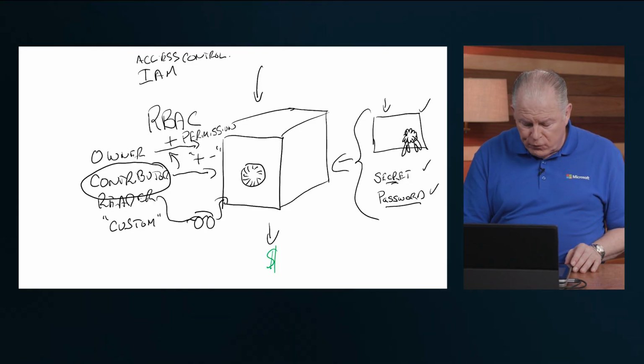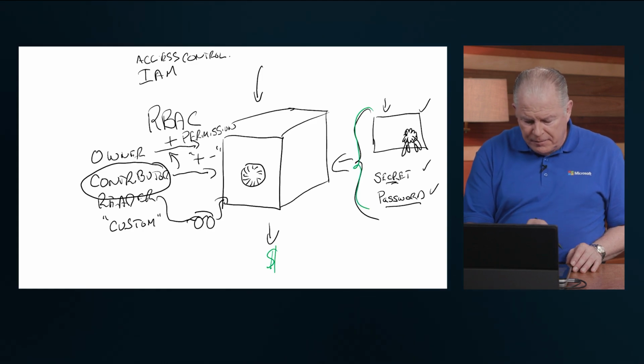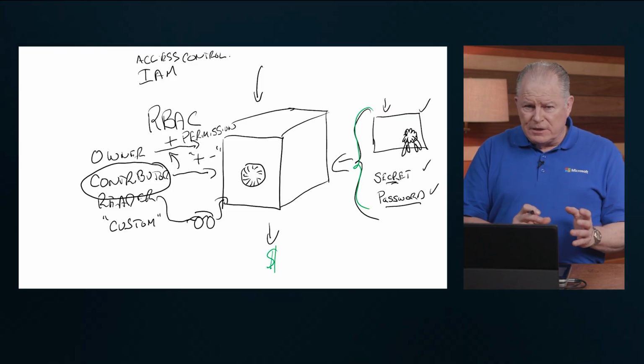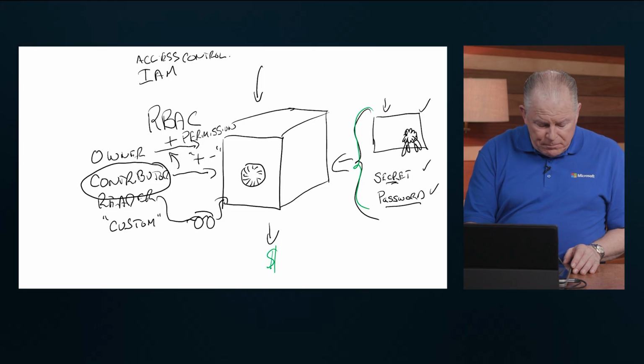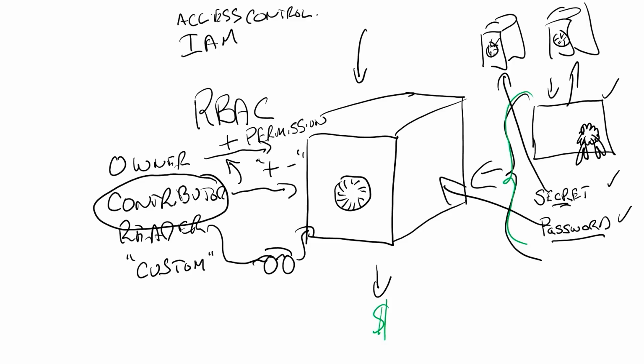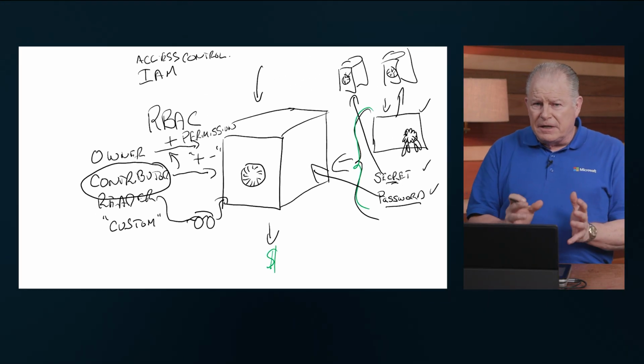So if I put a certificate, a secret and a password all in a single vault, the access to that information would cost me the same as if I built three separate vaults and stored a bit of information in each of them. If I put a certificate in one, a secret in one, and a password in another, the cost at the end of the day becomes the same.